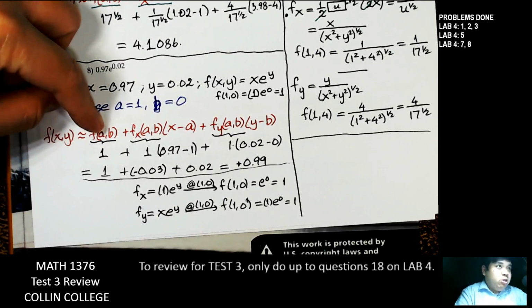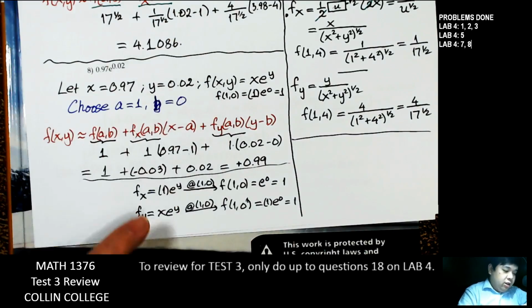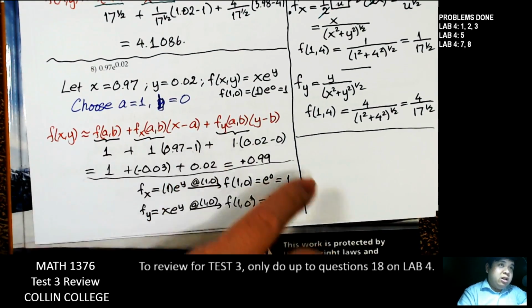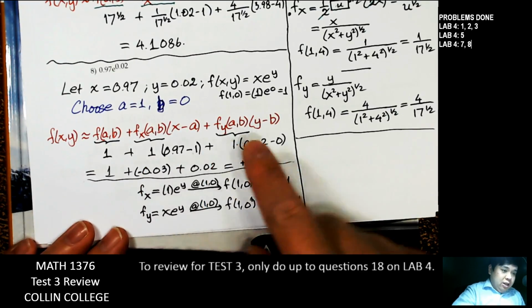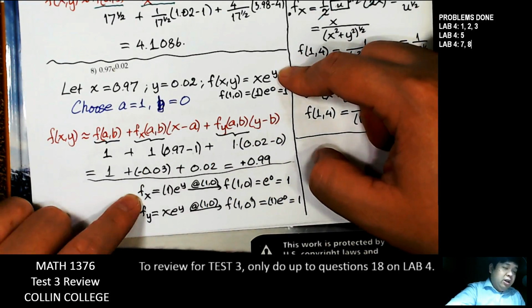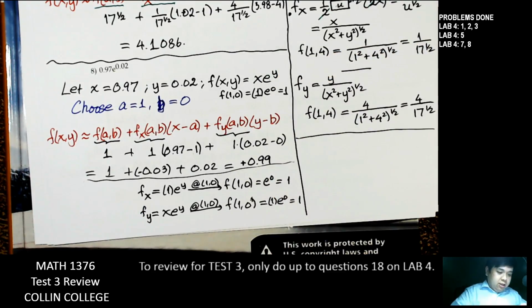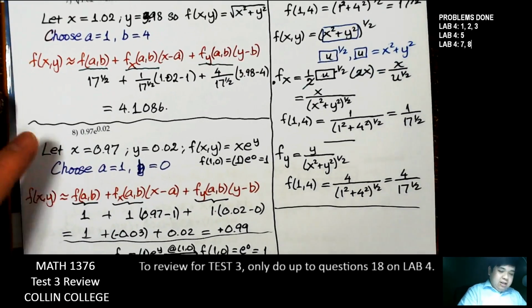So the values of the function, the derivative with respect to x, the derivative with respect to y, times x minus a and y minus b, and then just find all the missing values in the original function and the derivatives. Right. So that is 8.